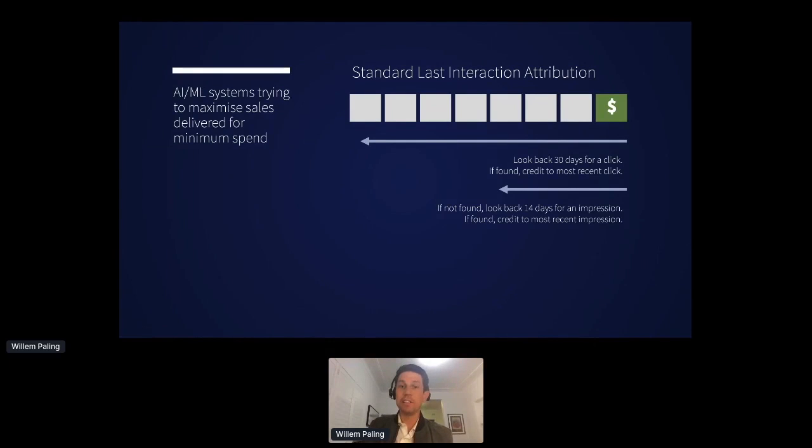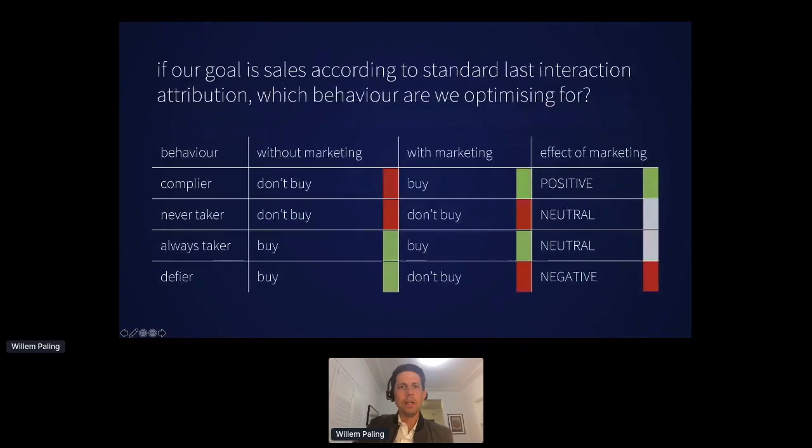It doesn't even necessarily have to come into the viewport of the browser. It could be sitting below, off screen. If it finds an impression, it gives credit to the most recent impression. So if our goal is sales according to this standard last interaction attribution, which behavior are we optimizing for?